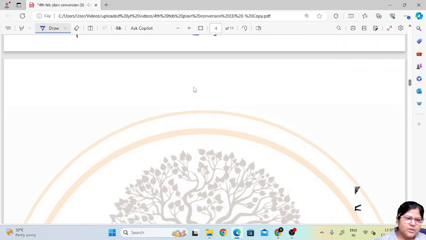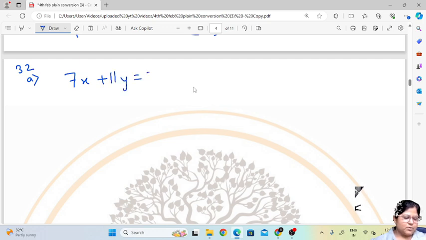Next comes question number 32, A part. Okay, substitution, that's an optional question of elimination and substitution method. So first one we are doing by elimination method. The 7x plus 11y equals to 3 and 8x plus y equals to 15.